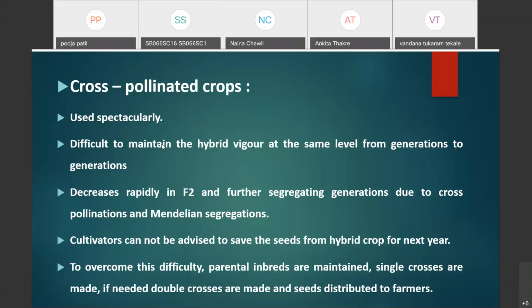This is the utilization and the limitation of heterosis and hybrid vigor in the cross pollinated crops.